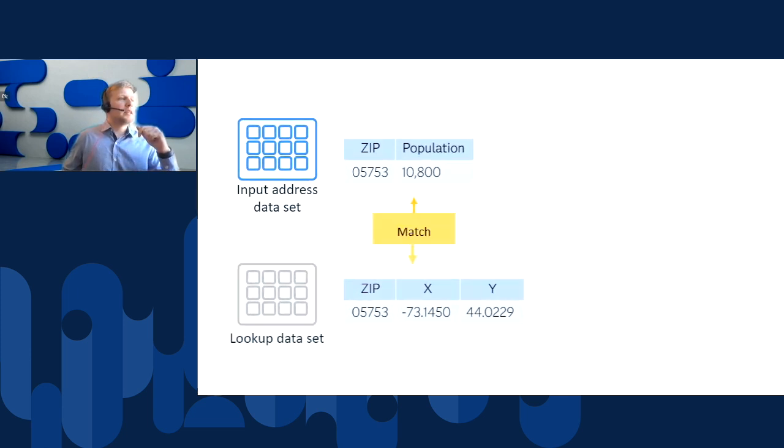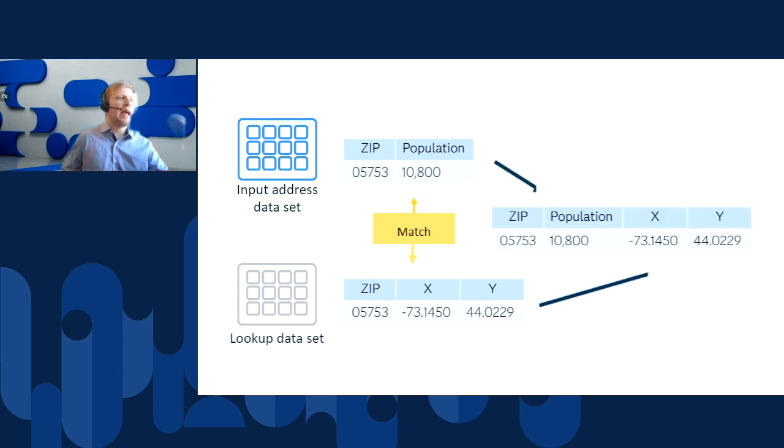But the exact same process is going to happen where we match those reference values, whether it's a zip code or an address, and we add the coordinate columns from the lookup data set to the input data set, and then we can use those latitude and longitude values to create a map, a visualization of that input address data set.